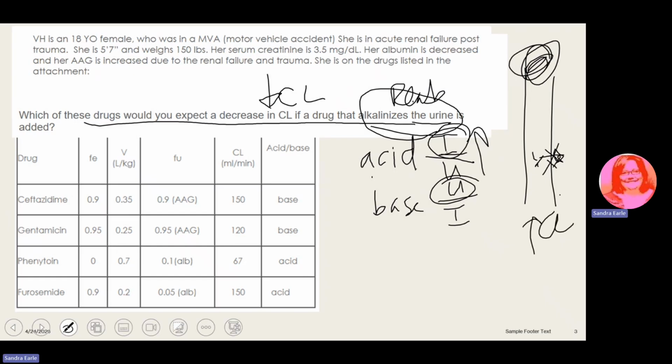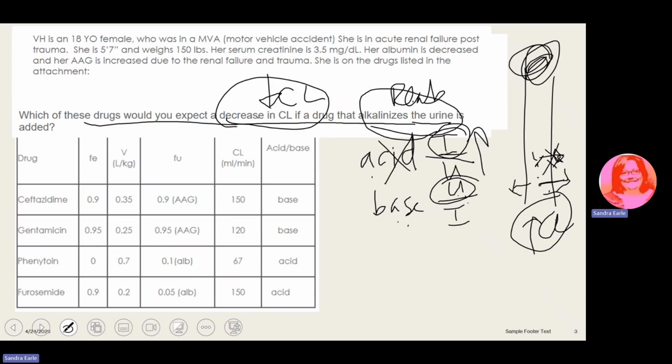So if we have an increase in clearance, we're actually looking for the opposite, aren't we? So it's not going to be an acid. Let's check out a base. A base is going to be more in the unionized form. And therefore that favors reabsorption, doesn't it?